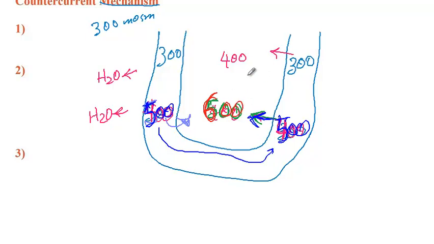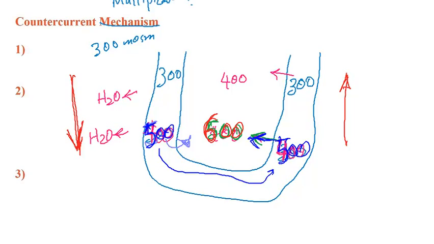And so on. So there would be countercurrent multiplication. It's called countercurrent because the flow of fluid in one of the tubules is downward and in the other one it's upward, so they are in opposite directions. That's why we call it countercurrent.